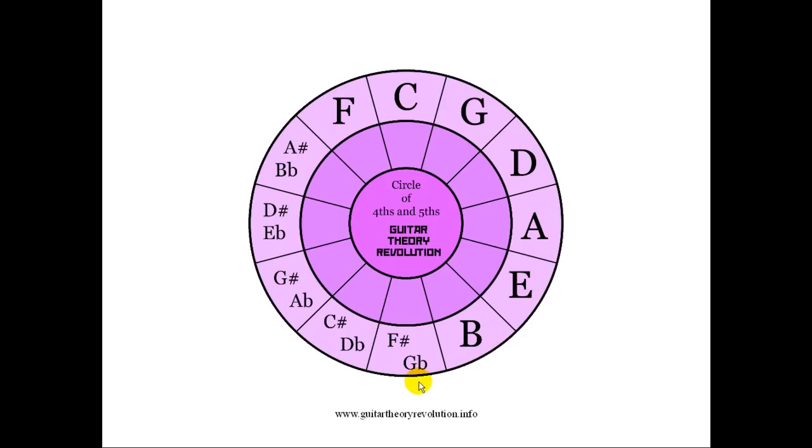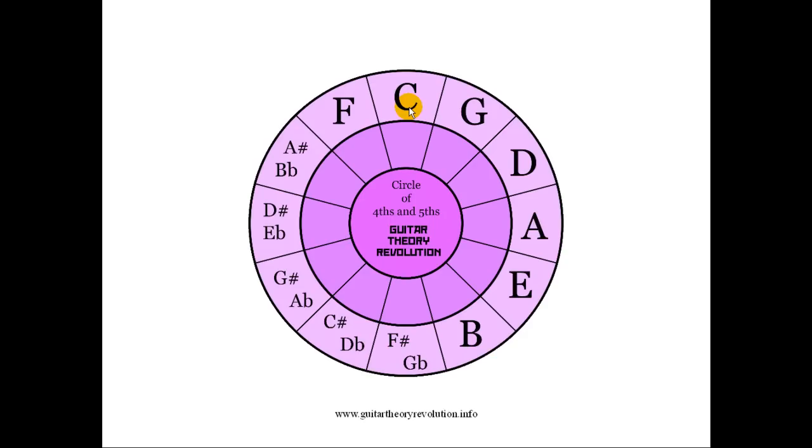And then this key, the key of F sharp or the key of G flat, it's the same thing, has 6 sharps or 6 flats. This one here, C sharp or D flat, has 5 flats. This one, G sharp or A flat, has 4, 3, 2, 1, and 0 again, back to the C major scale or the key of C major.